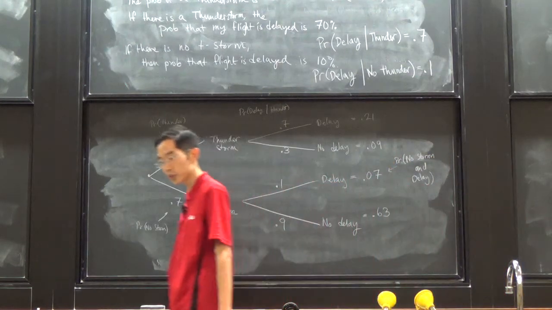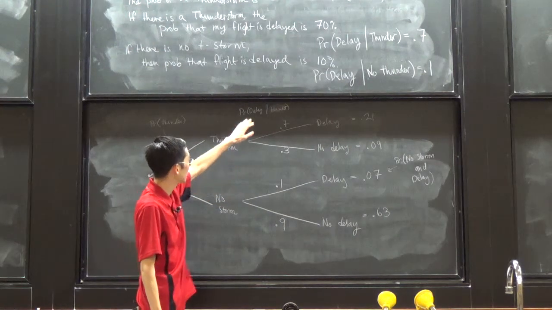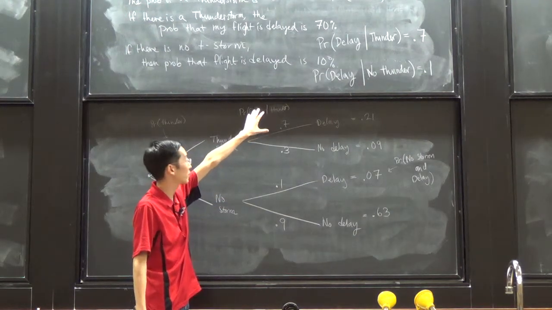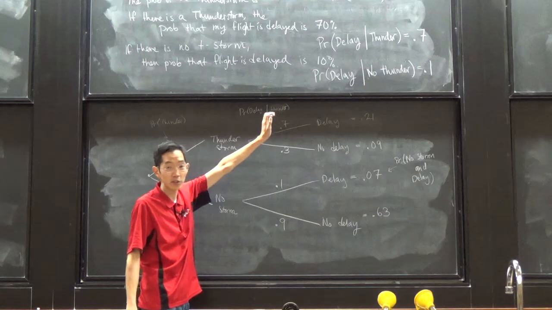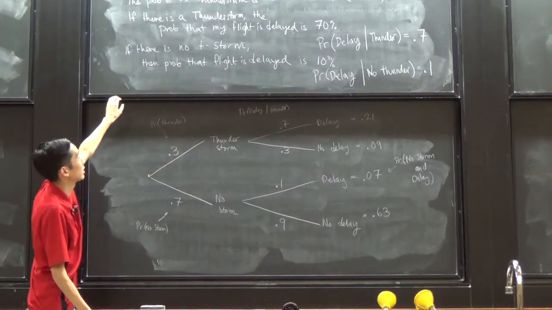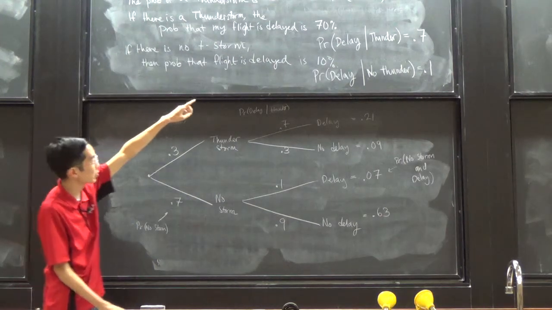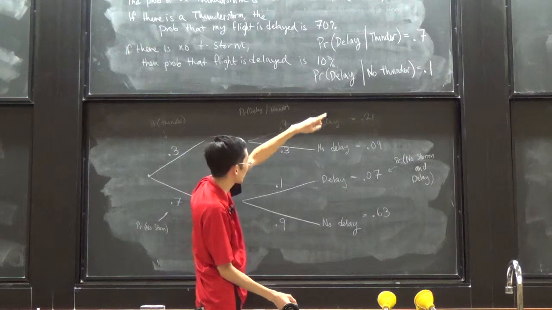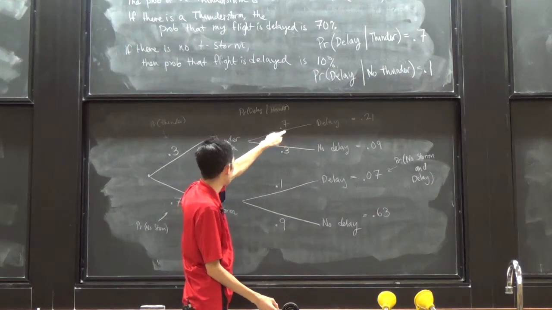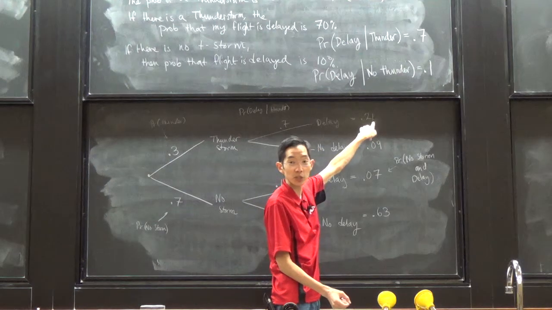It's very important that we can distinguish between delay and thunderstorm versus delay given thunderstorm. Are we okay with that? Alright. So I've already erased it, but the probability of a delay given a thunderstorm is 0.7, but the probability of a delay and a thunderstorm is 0.21.